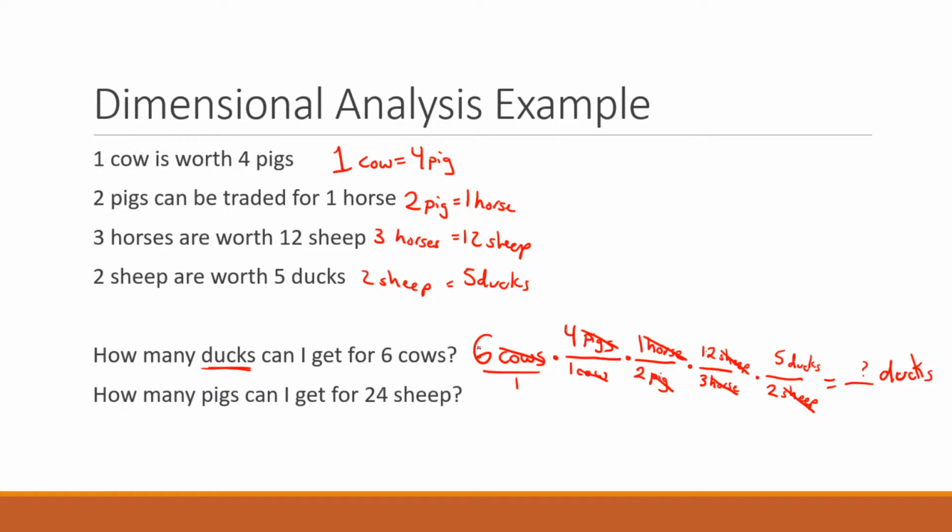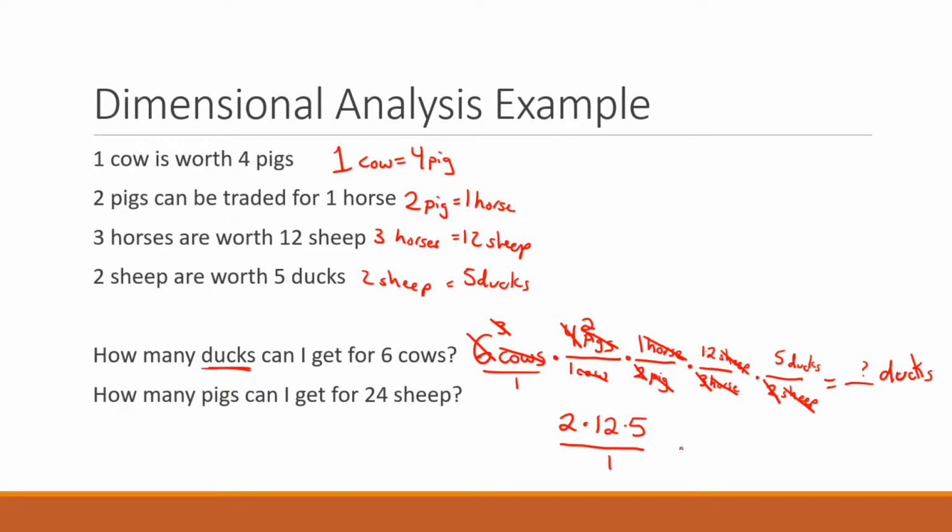Right? 2 goes into 6 3 times. 3 goes into 3 1 time. 2 goes into 4 2 times. And now if I clean all this up, I have 2 times 12 times 5 divided by 1.